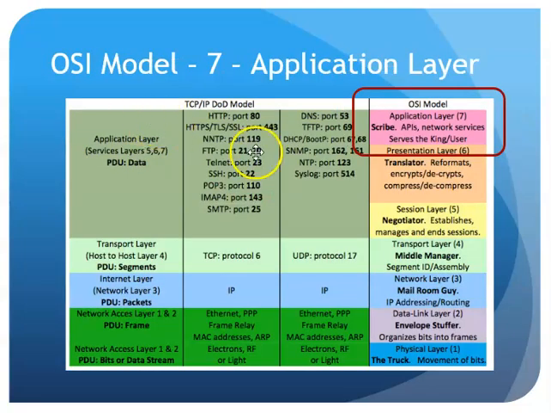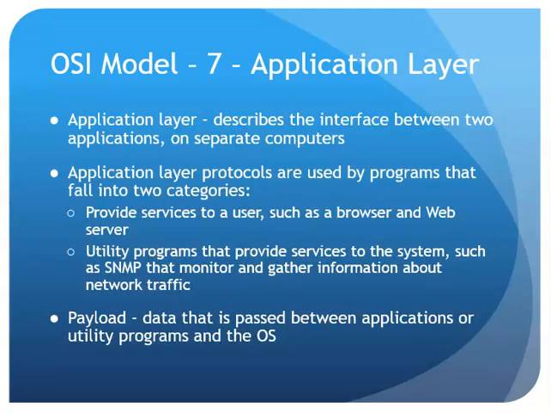Application layer, we're talking about the applications. We're not talking about Microsoft Word or Microsoft Excel. We're talking about the applications that are going on behind the scenes, like we talked about earlier this chapter. Things like HTTP, things like FTP, things that without a network are kind of useless. My browser on my computer is kind of useless without a network connection.